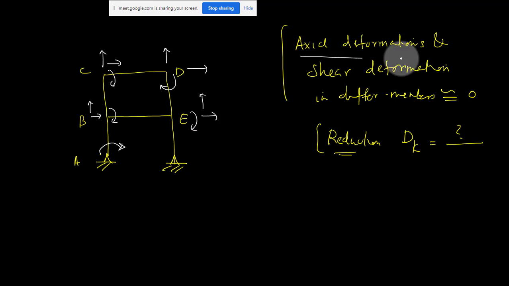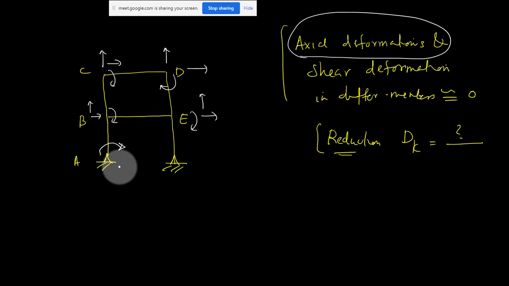So now if you neglect the axial deformation, this point is not moving, and if you neglect the axial deformation of this column, this should not be there, correct? This also should not be there, and this one again, this is a hinge, it already has no movement. So if this joint is not moving, this joint should not move, this joint also should not move. Okay, this 4 should be 0.